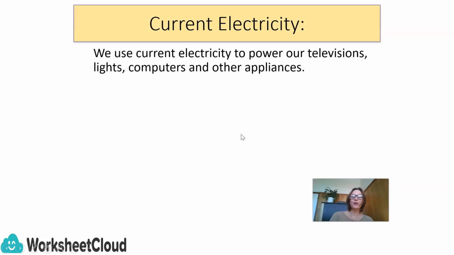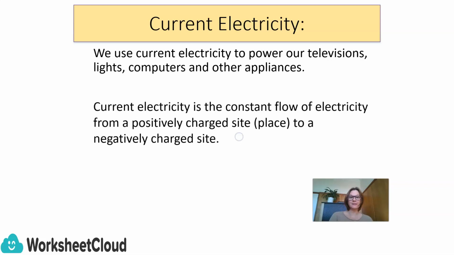Current electricity, we use current electricity to power our televisions, our lights, our computers, and all of our other appliances. Current electricity is the constant flow of electricity from a positively charged site or place to a negatively charged site.